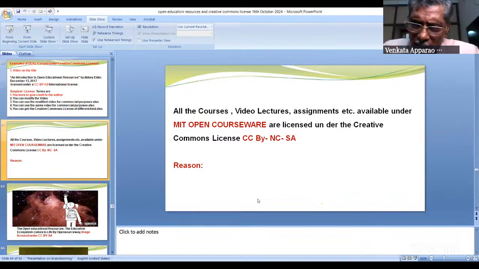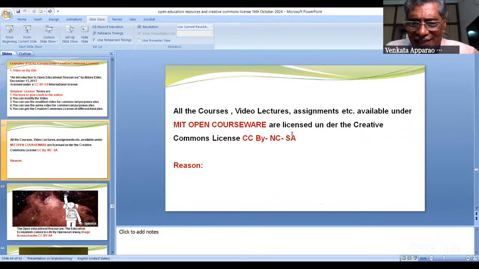All the courses, video lectures, assignments, all available under MIT OpenCourseWare, are licensed under the Creative Commons license. See here, CC BY NC SA.